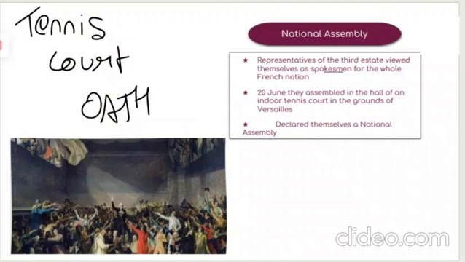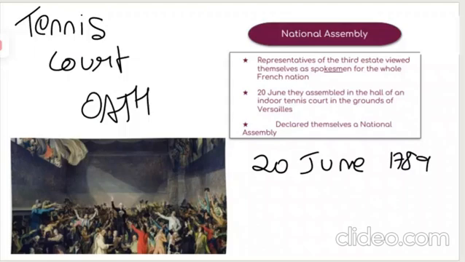Now on 20 June 1789, the third estate people came to a tennis court of Versailles, and they said that from today onwards, we, the third estate people, are going to be known as the National Assembly.